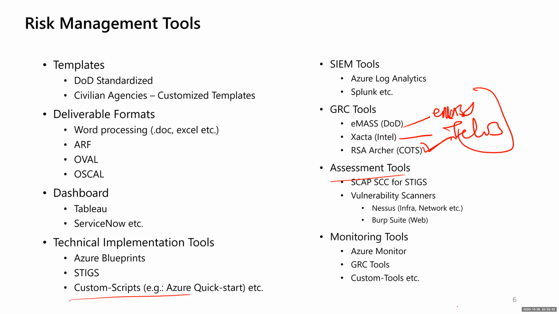Assessment tools around auditing. I love this. I don't know if it's no longer in use, but during my days of implementation and doing STIGs, I just loved the DISA SCAP tool. It's simple, it's easy to use, but for some reason they haven't really been investing in it. There are a lot of tools right now that do a lot of the jobs, like Nessus. Nessus does a lot.